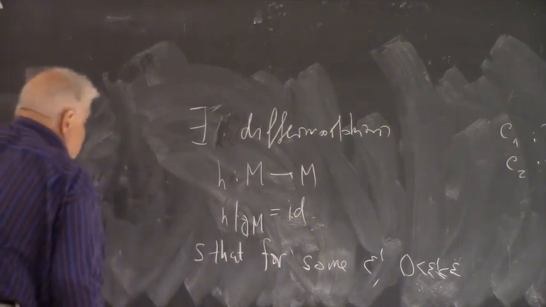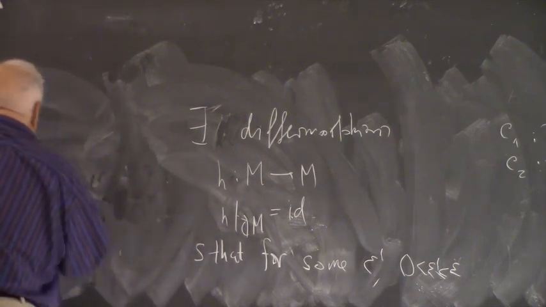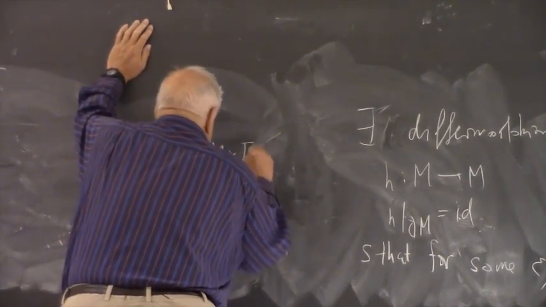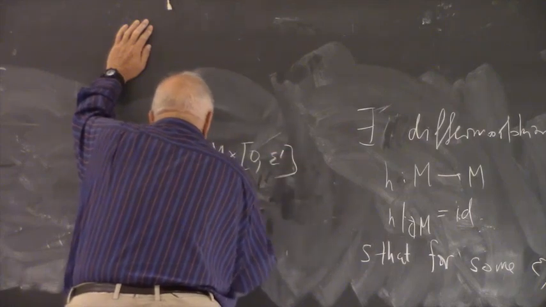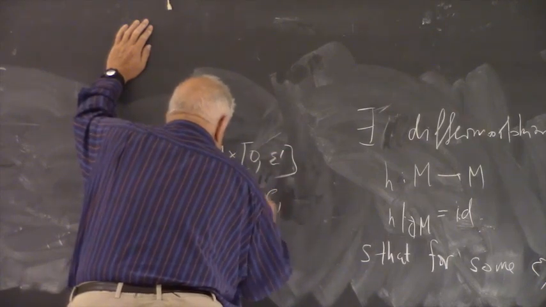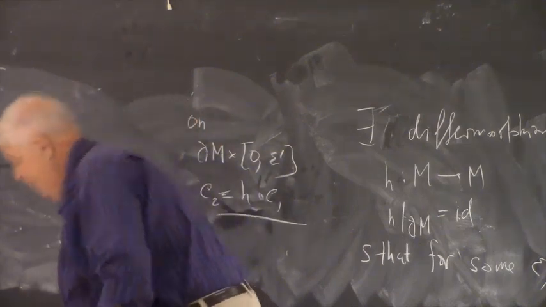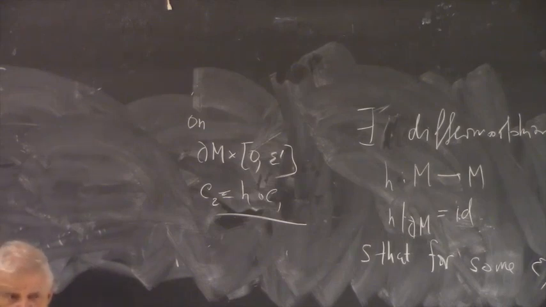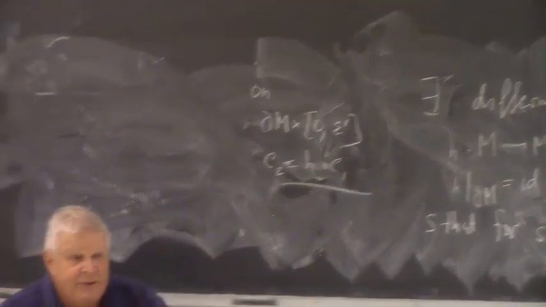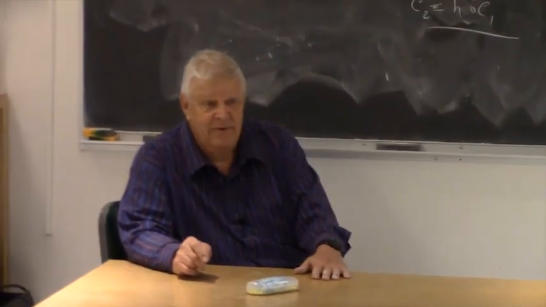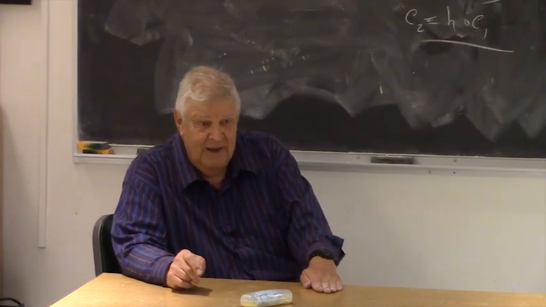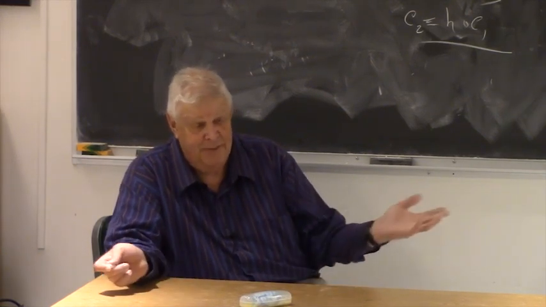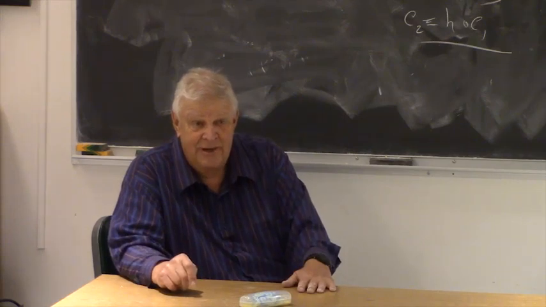That is, on ∂M times 0 to epsilon prime, C2 is C1 composed with H. So the collar is unique in this diffeomorphic sense. We always can relate two collars by a diffeomorphism. In this sense, collars are unique. In no other sense. Certainly they may be different visually, geometrically. Is it clear?